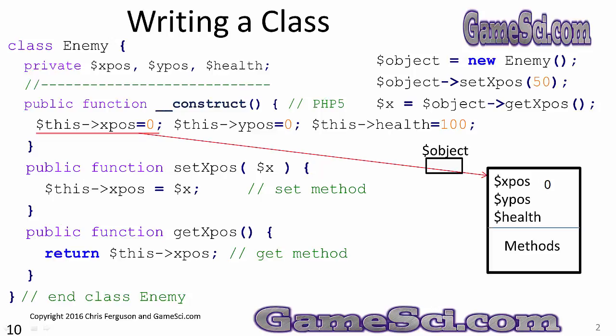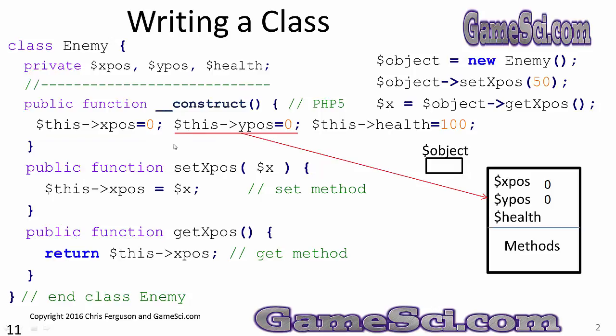Objects have variables, and we're assigning values to those variables. What does this mean? This literally means this object. I want this object's x position to be set to 0. And as you can see over here on the diagram, this object's x position is set to 0.